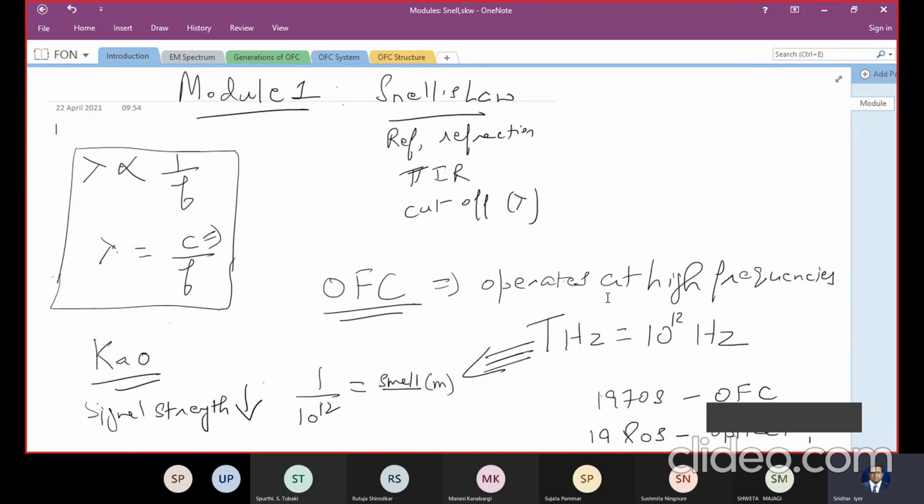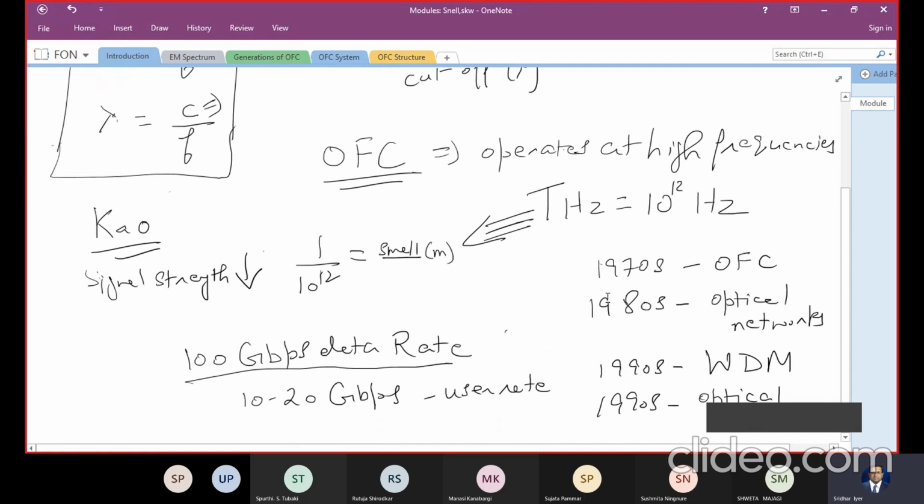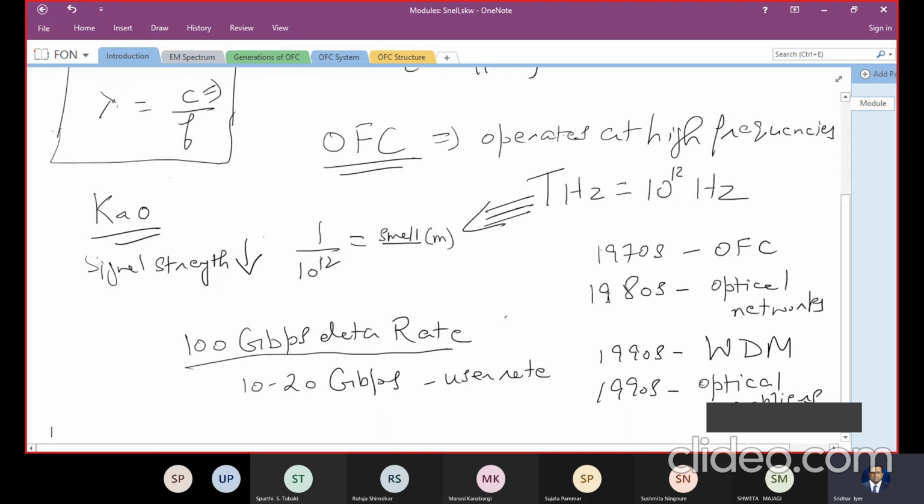And then we started with module 1, where I explained the different aspects we'll be looking at in this subject. We discussed a few things about optical fiber communication. The most important aspect was that OFC provides very high, large bandwidth, because it operates at very high frequency.